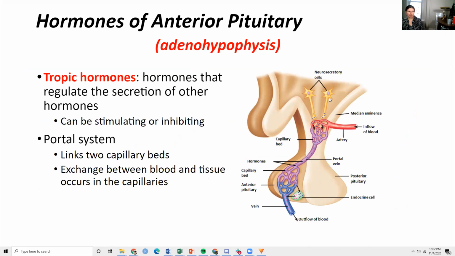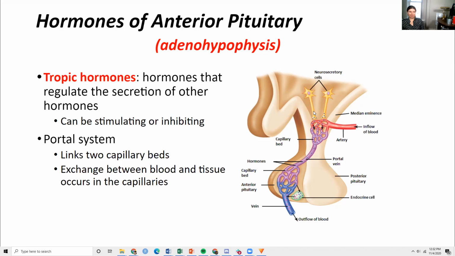But when we're talking about the anterior pituitary, we're going to see that we have a series of steps, basically. We're going to have neurosecretory cells in the hypothalamus that release neurotransmitters into the blood, and specifically into a capillary bed right here in the infundibulum.